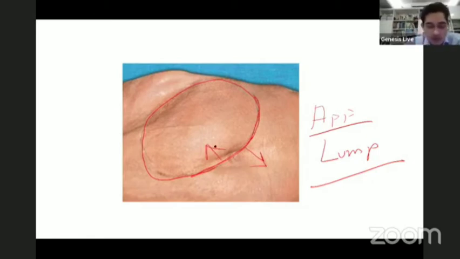I'm sure most of you remember the Ochsner Sherren regime, which we will discuss later. If you have an appendicular lump, you initially try with the Ochsner Sherren regime, which is conservative treatment and observation and monitoring. If the pain, fever, and the lump size increase, you go for surgery. If the lump decreases, you go for an interval appendicectomy after 6 weeks, right? That's the thing. So if there is a marking like that, you can just close your eyes and say this is an appendicular lump.